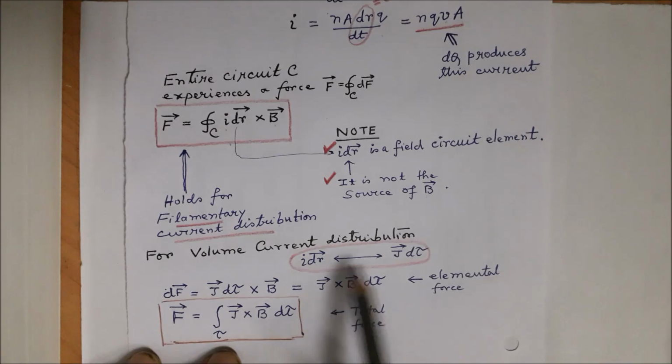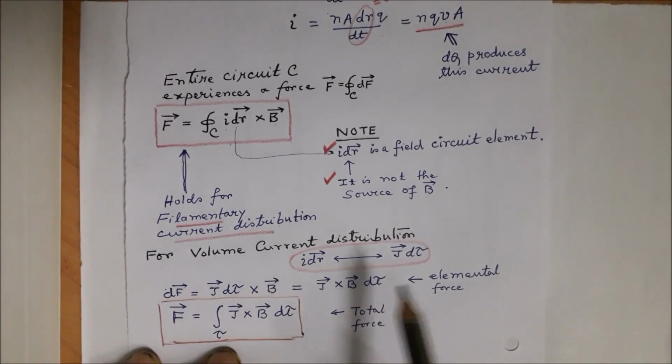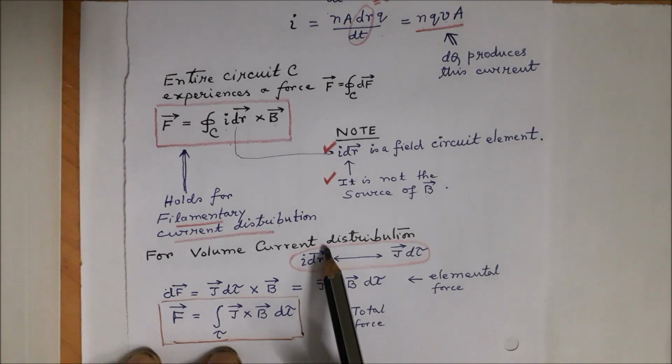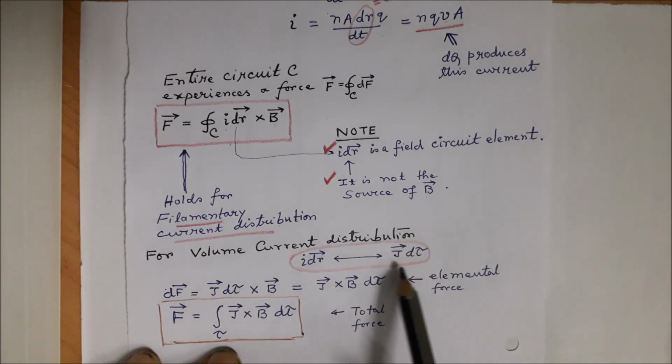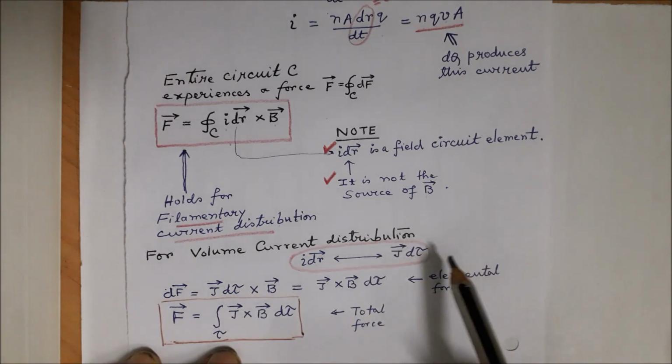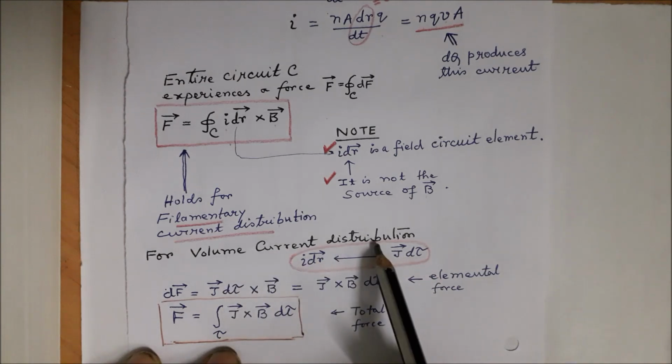And that is extremely easy to attain just by the switchover technique, as we did as a part of a theorem: we have to replace I dr of filamentary distribution by vector j d tau, and then we will get the corresponding result for volume current distribution.